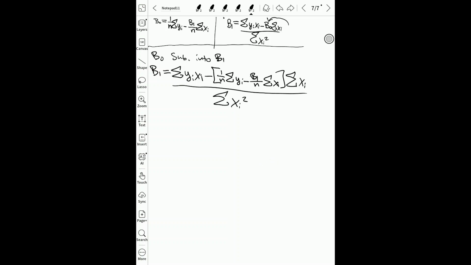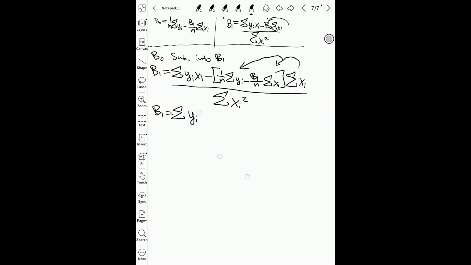So now we're going to go ahead and distribute some terms. We've got to distribute this sum of xi to the two places that it can go. I'm going to leave off dealing with the distribution of the negative sign in front of that bracket for now. We'll do one thing at a time.